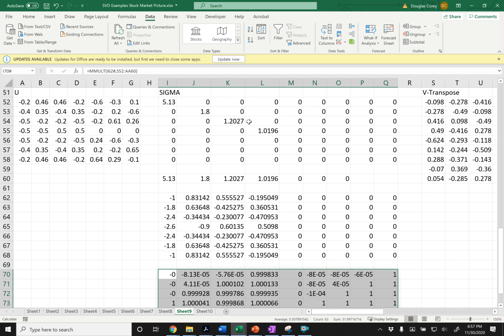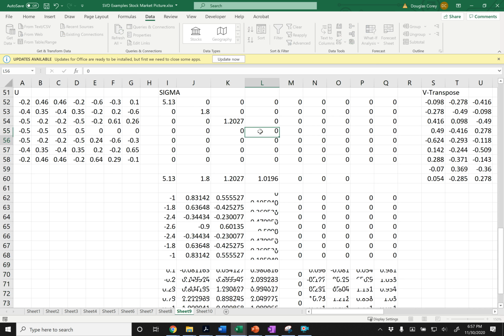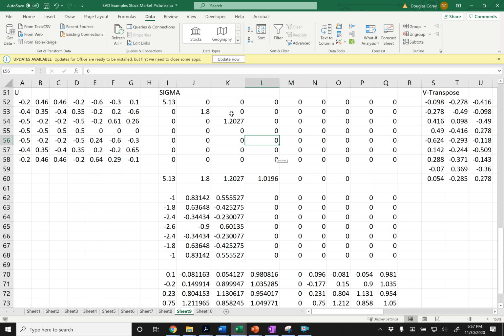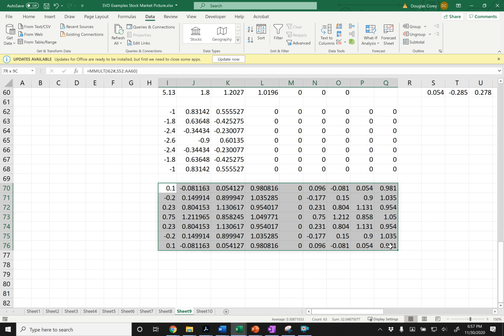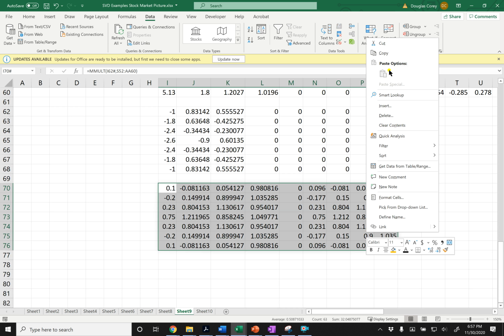How close are we if we only use, if I change this to 0, then we really just used the first 3 u's and the first 3 vectors of v. And we get pretty close.